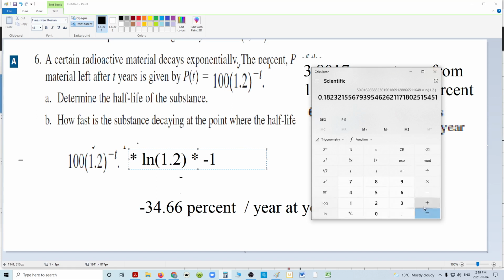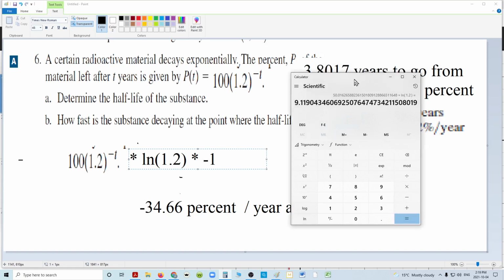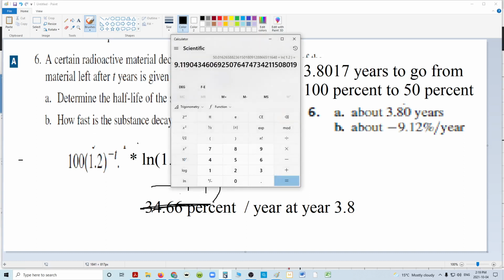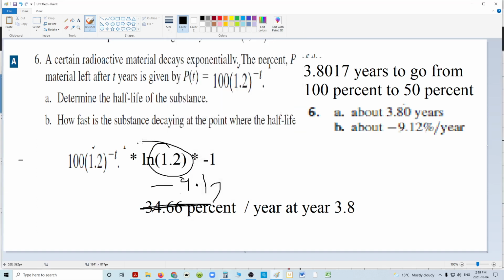I was taking the ln of 2. My bad. It is indeed -9.12. I think I got it. Yeah. I accidentally multiplied by the ln of 2. So that's what happens when you don't write down correctly.